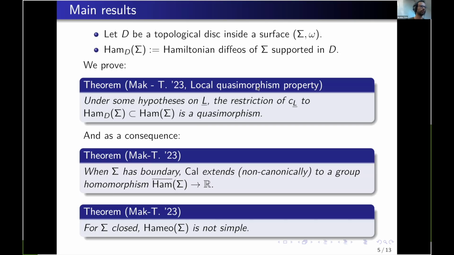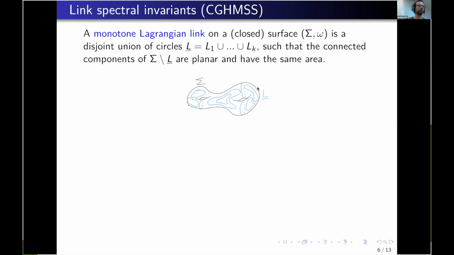But first of all, I will give more details about the definition of link spectral invariants as done by CGHMSS. So what we call a monotone Lagrangian link on a closed surface is a disjoint union of circles, L equal L1 union ... union LK, such that every connected component of the complement of the link is planar and has the same area.